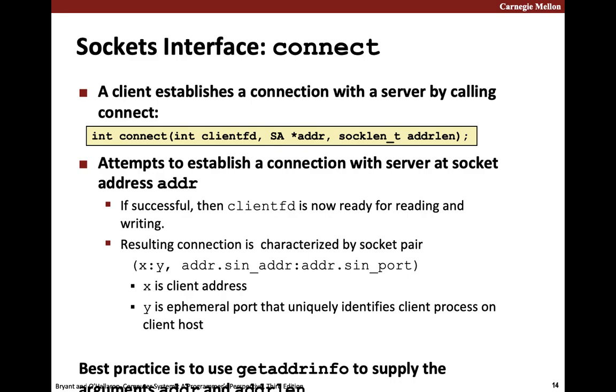We're going to pass in the addr that represents the remote port and address that we want to connect to, and then we have a length associated with that as well.